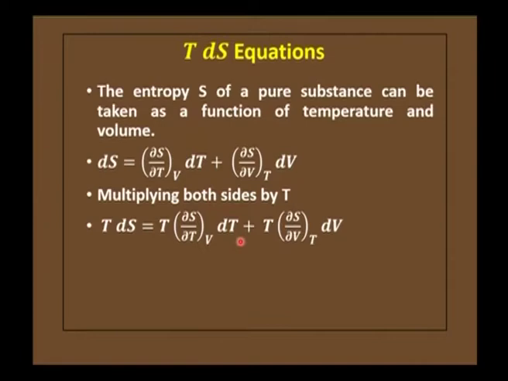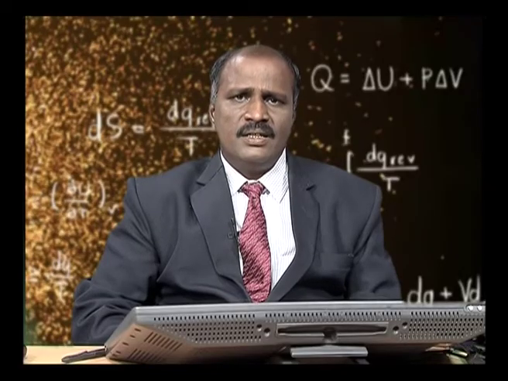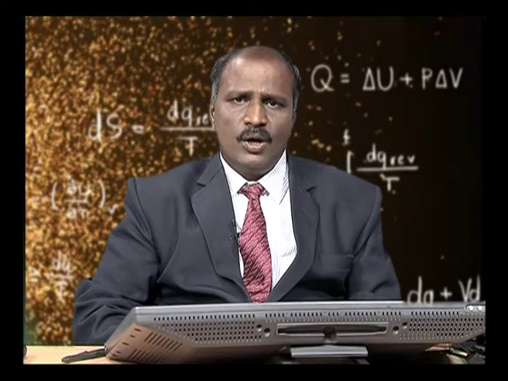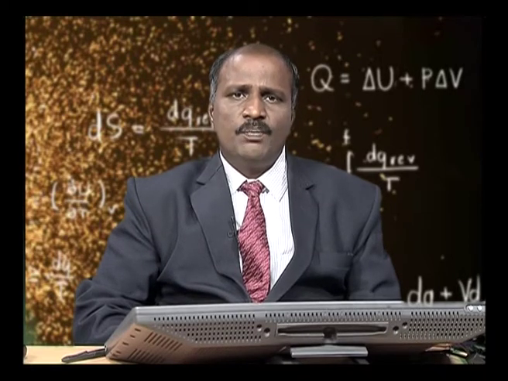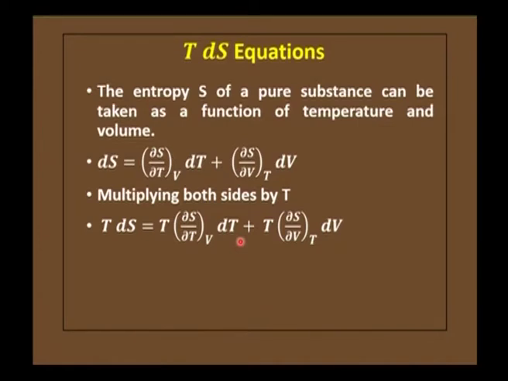Let us now derive the TdS equation. In order to understand the TdS equation, we should express entropy of a pure substance in terms of temperature and volume. Therefore, the entropy S of a pure substance can be taken as a function of temperature and volume, and it can be written as dS is equal to dou S by dou T of V into dT plus dou S by dou V of T into dV.